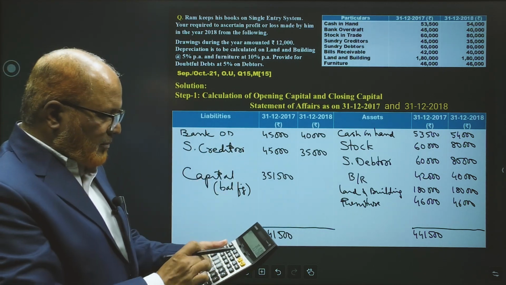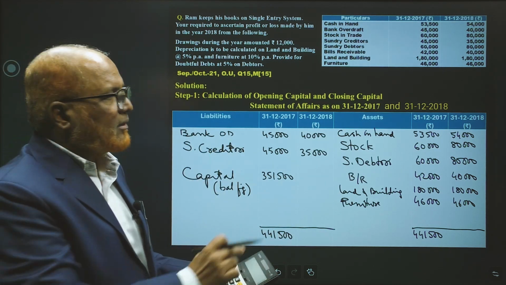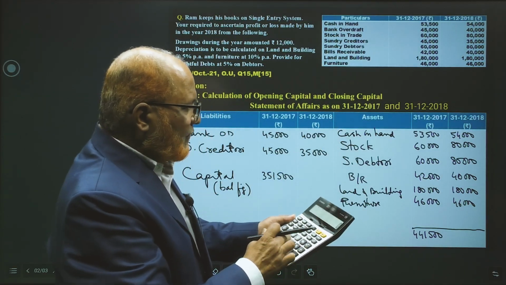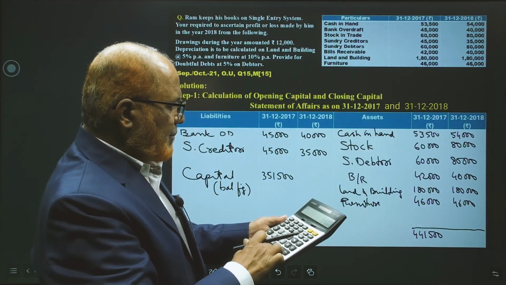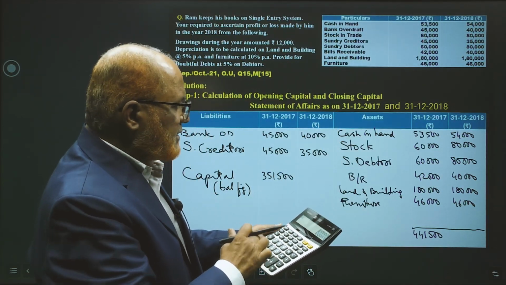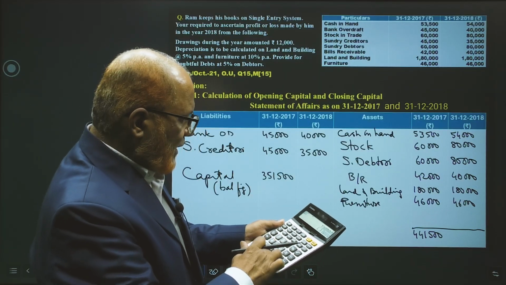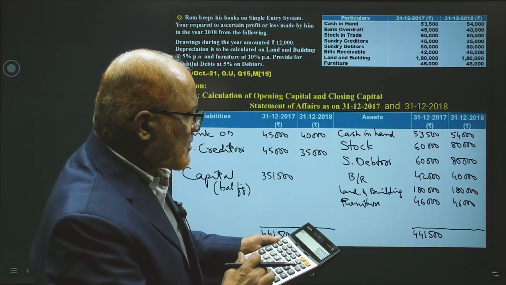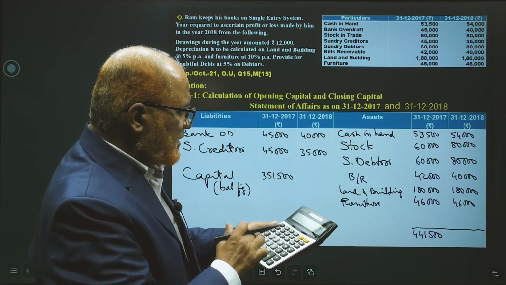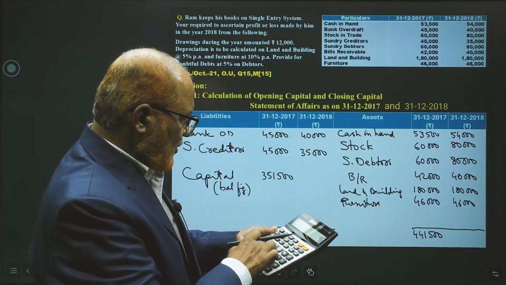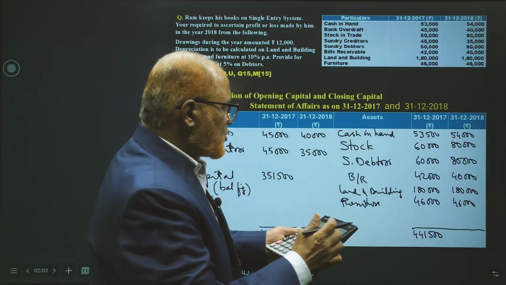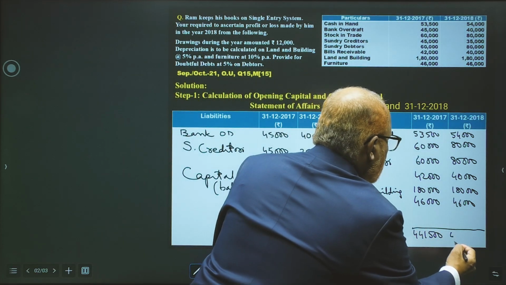Now we find out similarly the current year capital, 2018. So 54,000 plus 80,000 plus 80,000 plus 40,000 plus 1,80,000 plus 46,000 comes to 4,80,000.